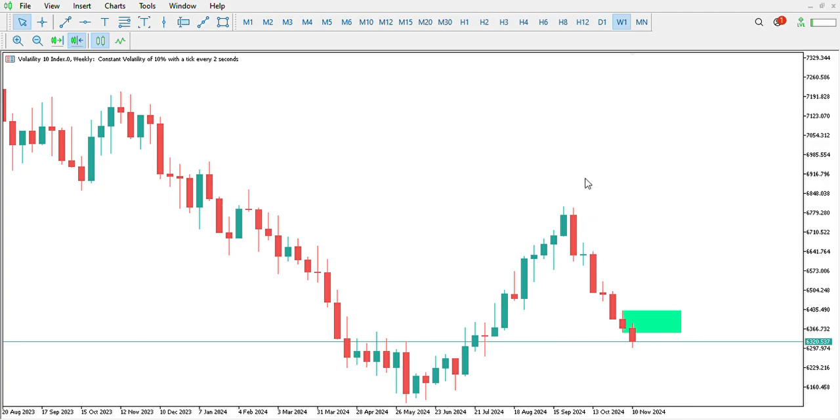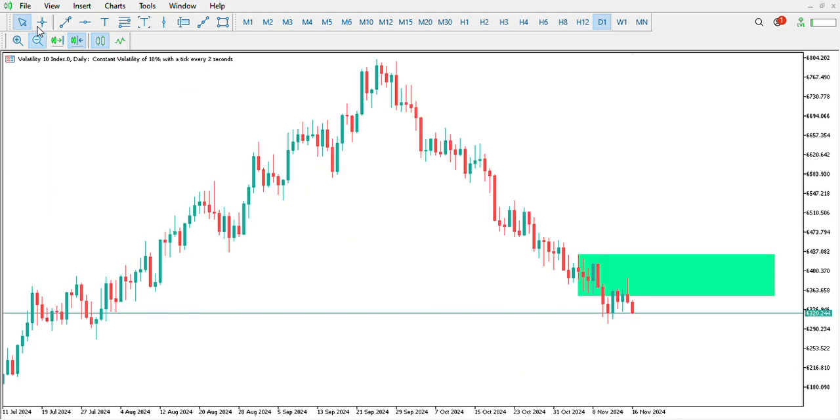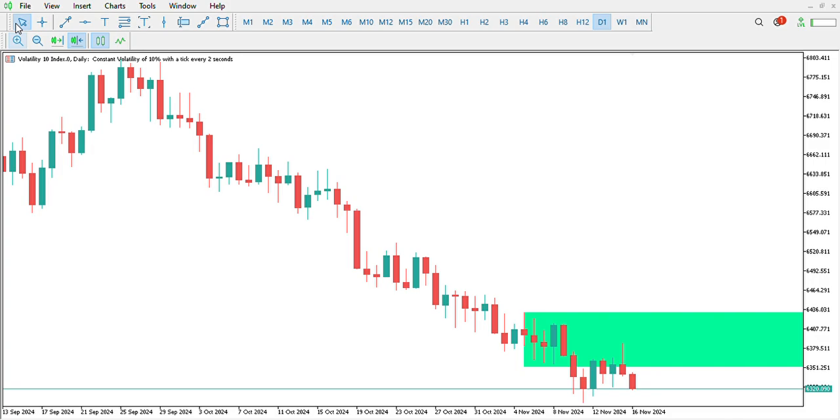Is it so? Right. Now after knowing that, you come to the daily. On the daily, what are you looking for? I've been talking about liquidity. Do you understand liquidity? If you have not read about liquidity, here in synthetic indices we have no news, we have no CPI, I don't know those things. By the way, if you know about news, one day you will teach me about that.